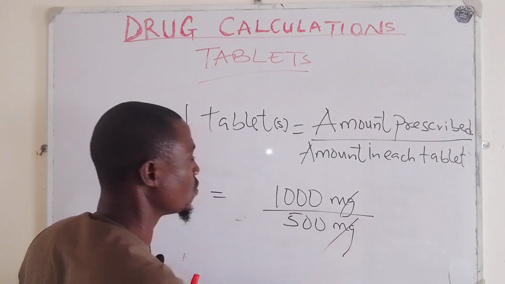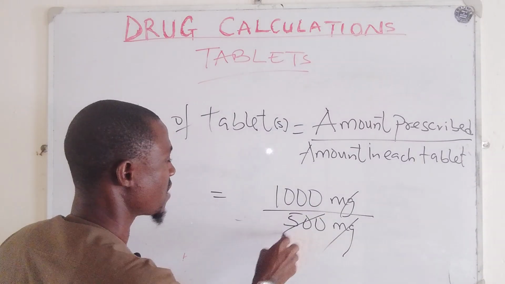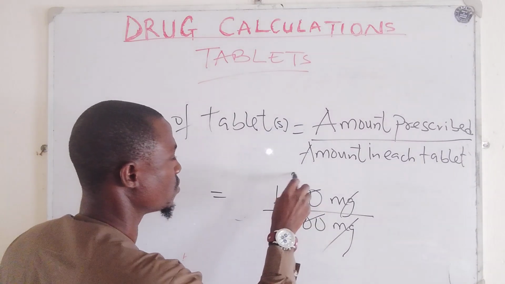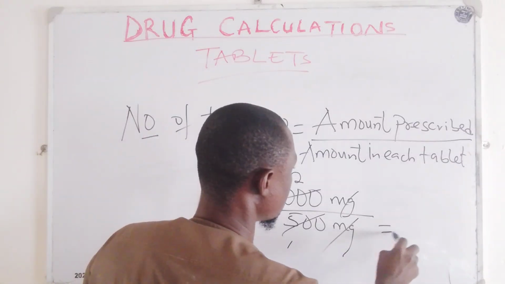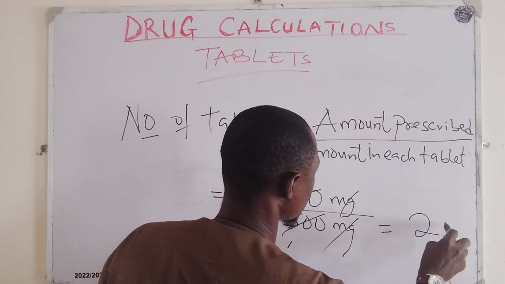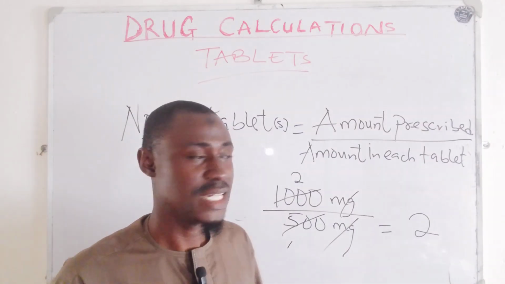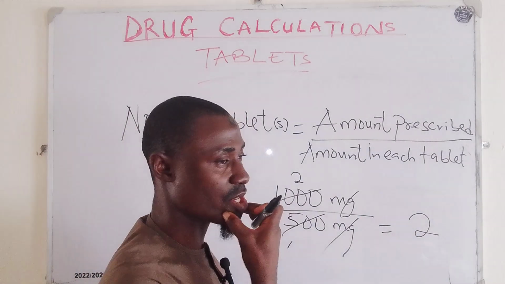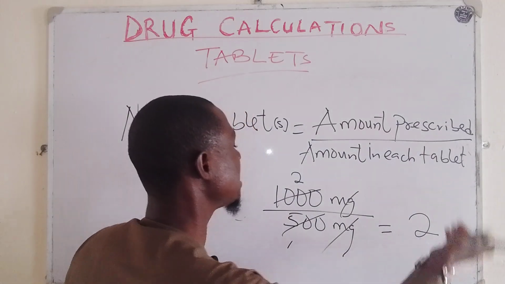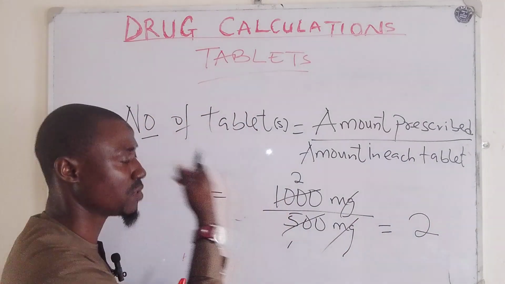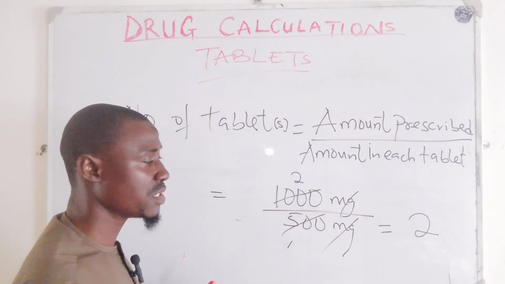So the milligram cancels out, and 1000 over 500 gives you 2. That is to say, the patient is going to take 2 tablets. So 2 tablets is equivalent to 1000 milligrams.